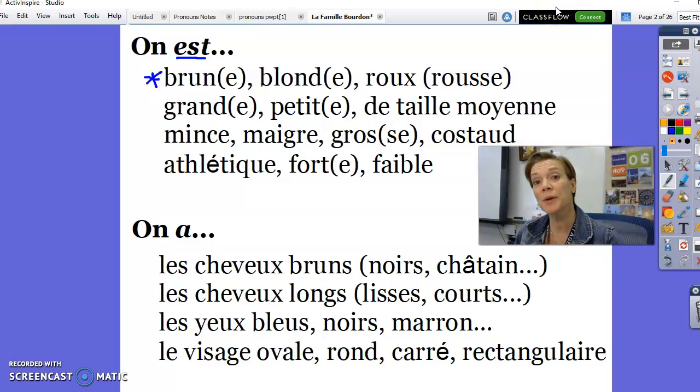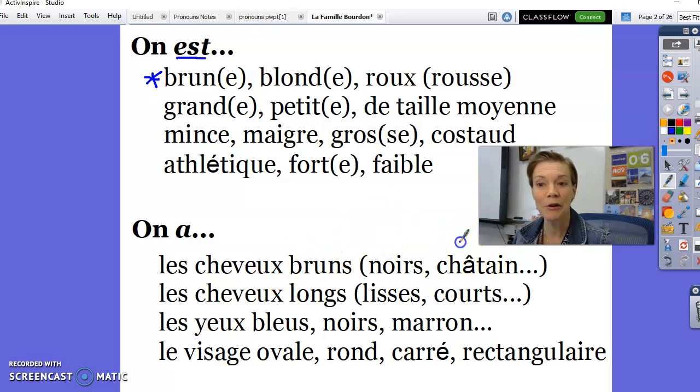But there are some descriptions that are different where you don't use être, where you say what people have. For example, he has brown hair. She has green eyes. They have kind of a round face. Yeah? So here we're going to say on a, but you could also say il a, elle a. Les cheveux bruns, les cheveux noirs, les cheveux châtains.